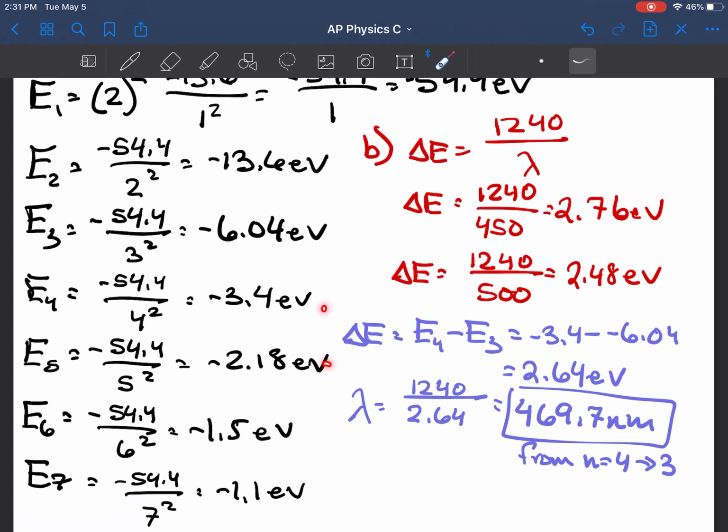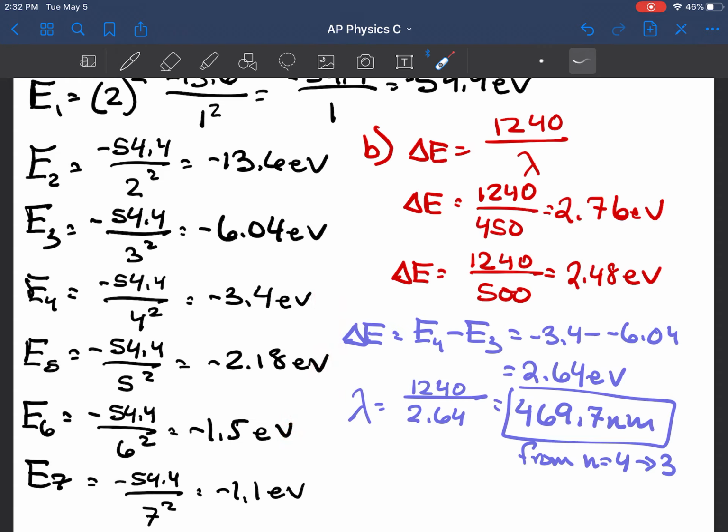What about 5 to 4? I don't think so. What about 5 to 3? No, that looks too big. All right, so 5 doesn't do it. What about 6 to 5? No, that doesn't fall within. What about 6 to 4? That one's close.